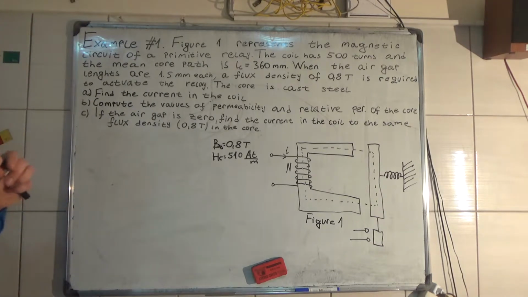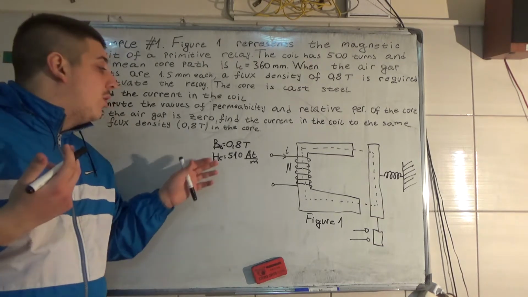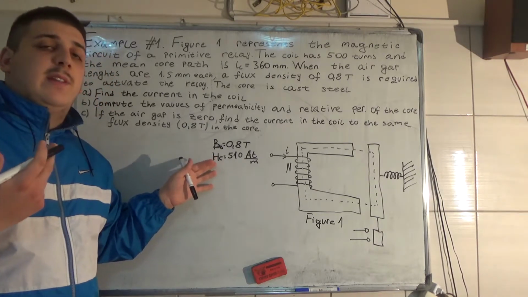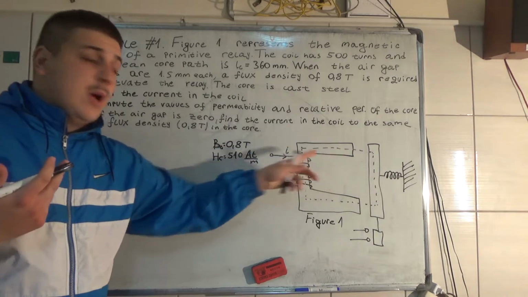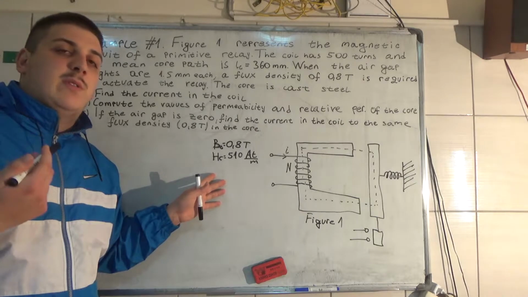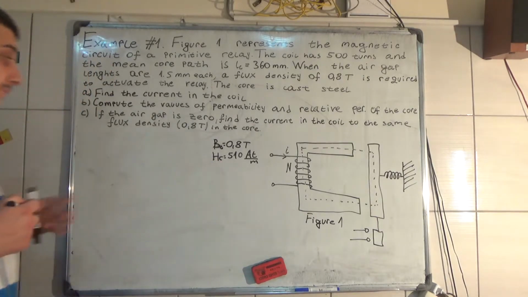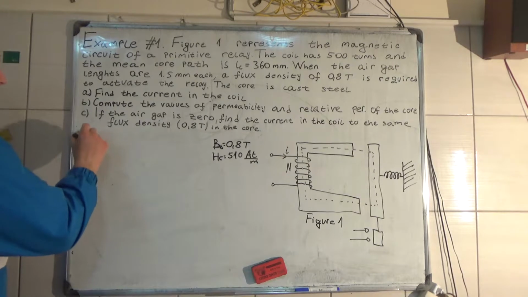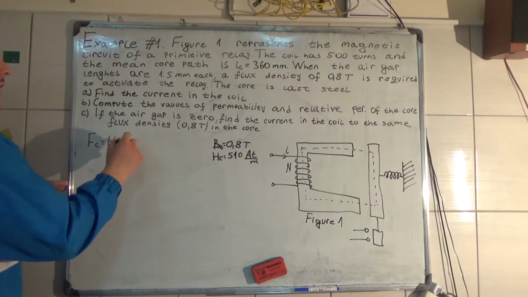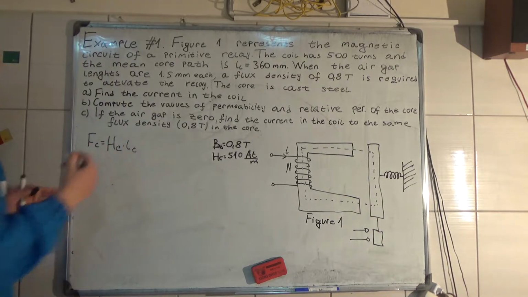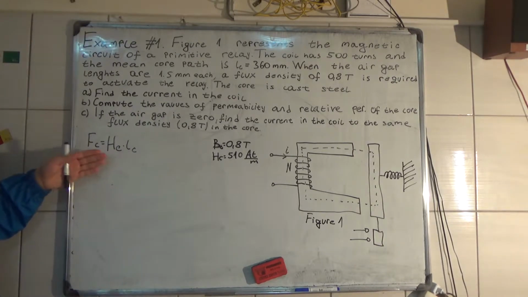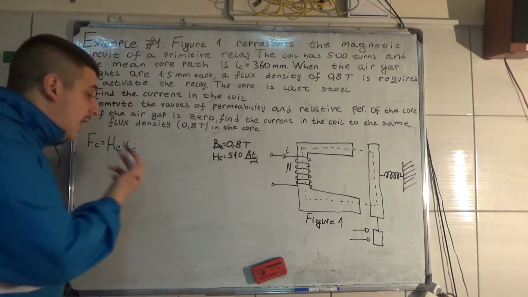Okay, so now if we know the magnetic field intensity in the core, we can calculate the MMF, the magnetomotive force of the core, which is Fc equal to the magnetic field intensity of the core times the mean length of the core. So this is the first thing you need to calculate.